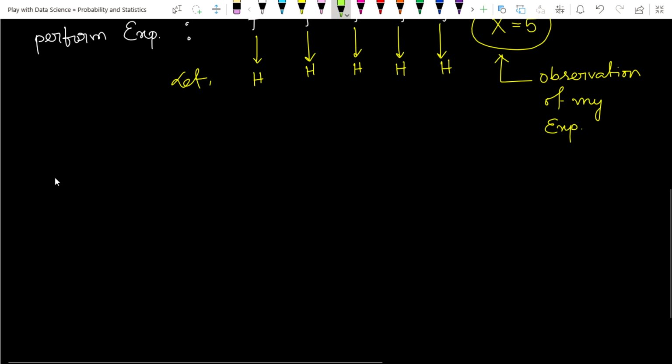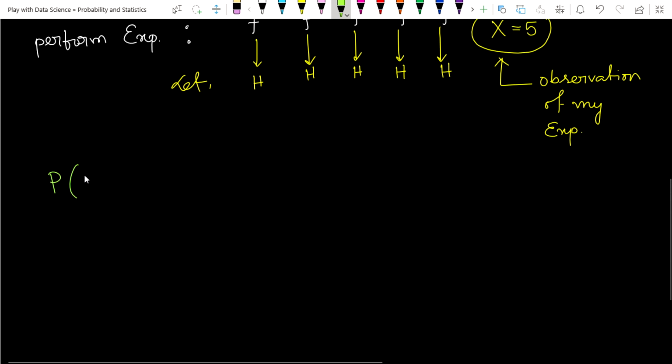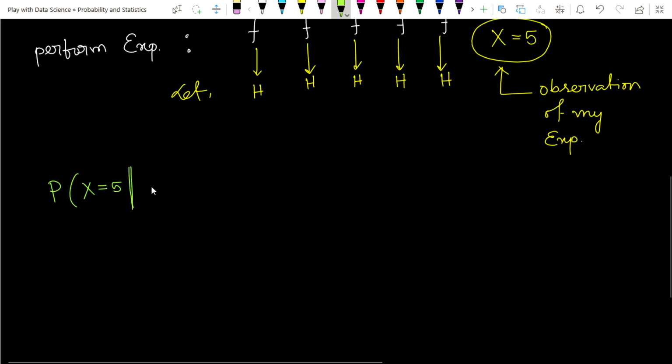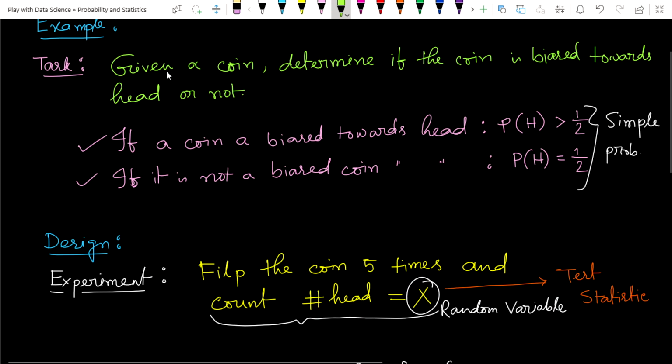Now after finding this, we will calculate the probability value. So what will be the probability value? The probability of our observations, of our statistic x equals 5, on what basis? First, whether the coin is biased or not.